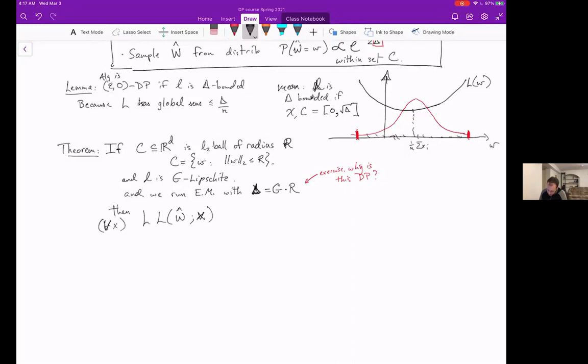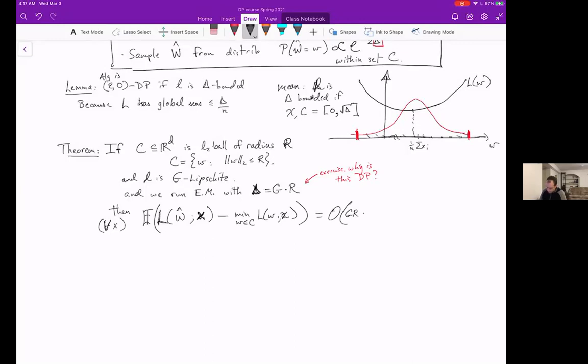I can look at the expectation of the excess loss, the risk here. So that's the expectation of this loss minus the minimum over w of the loss L(w, x). So that expected excess risk is going to be bounded by something that depends on G and R.